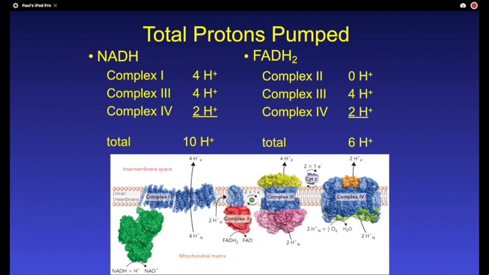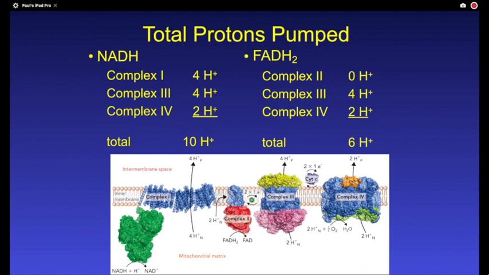All right, here's the stoichiometry. For NADH, complex 1 pumps out 4, complex 3 pumps out 4, and complex 4 will pump out 2 because the stoichiometry, remember I showed you 4, but for 1 NADH, it would be only 2 electrons. So I get a total of 10.